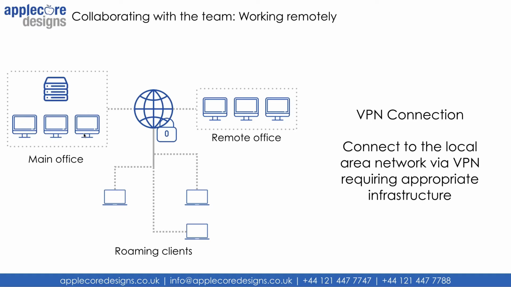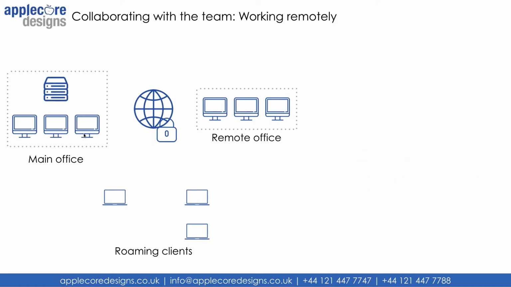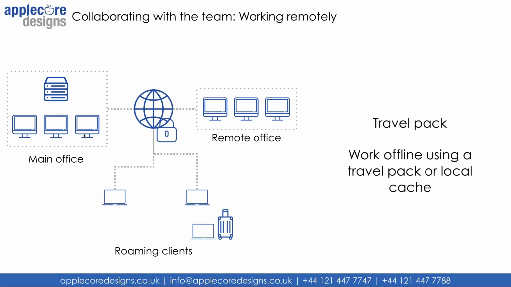You actually need to know what you're doing when you're creating a VPN connection. Building onto this infrastructure, you can also take these projects away with you. So what you can do is create what's called a travel pack, in which case you're taking your reserved elements offline with you. So if you're sitting on a plane or are simply away from the internet, you can keep on working using these methods.